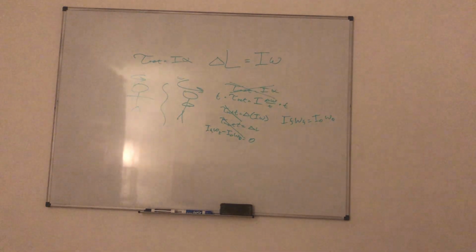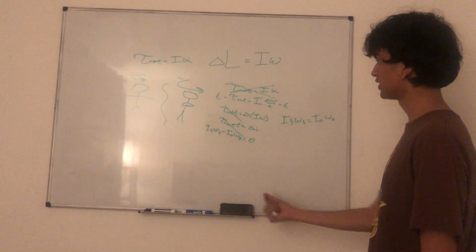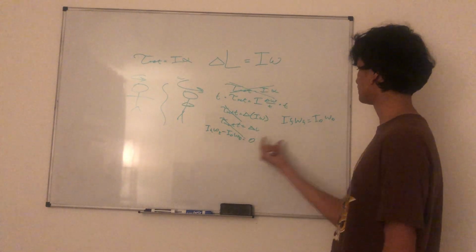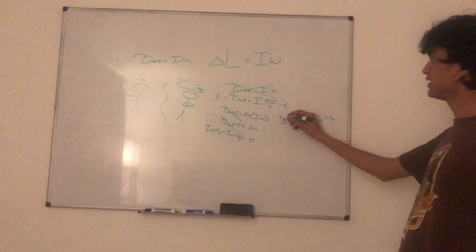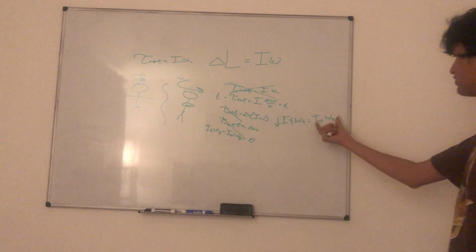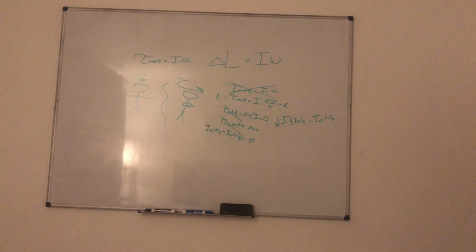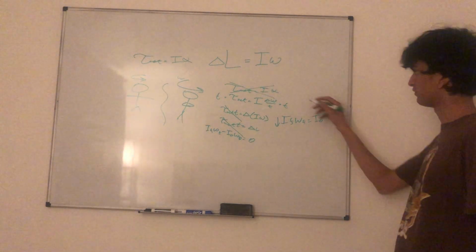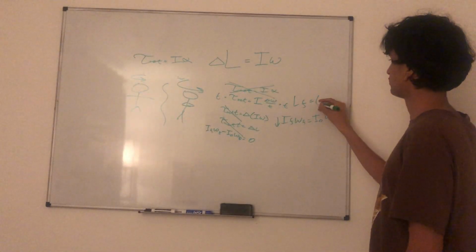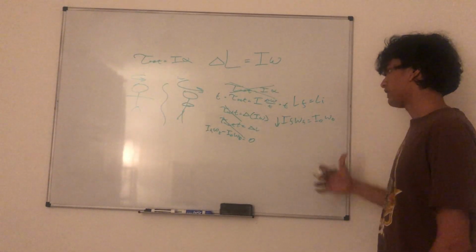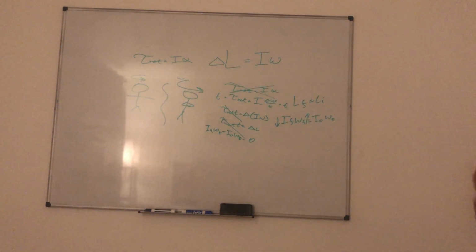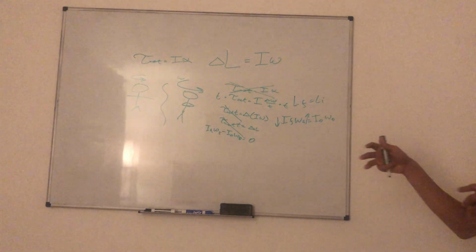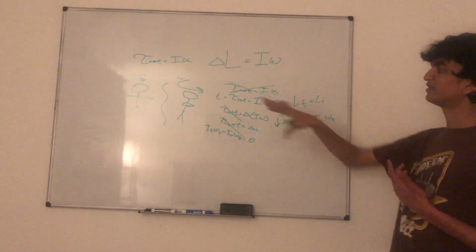So basically, if there's no net torque, the initial angular momentum equals the final angular momentum, and we can change our I. If our I decreases, in order for angular momentum to be conserved, L final equals L initial, then if I goes down, your omega has to go up. And there are some other physical causes at play with forces and stuff that actually result in this change.